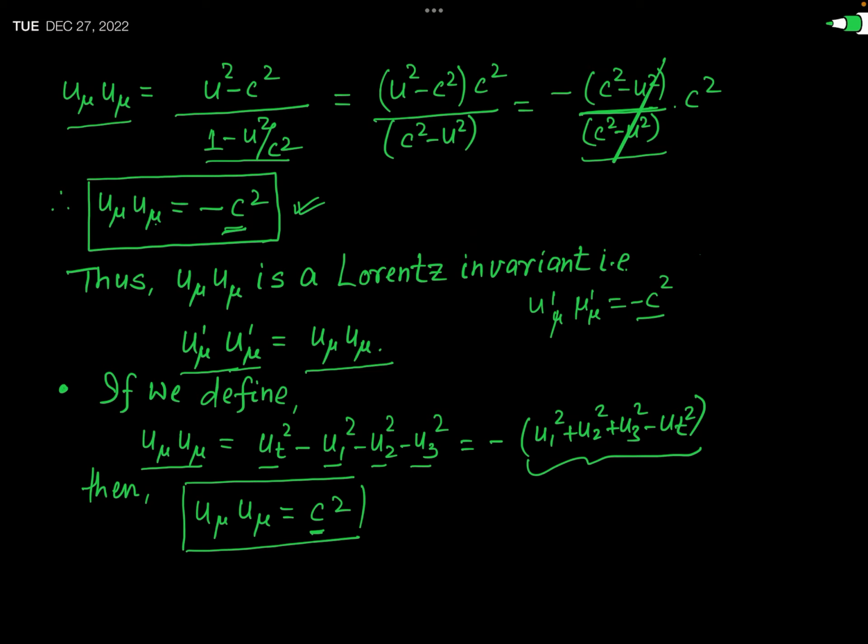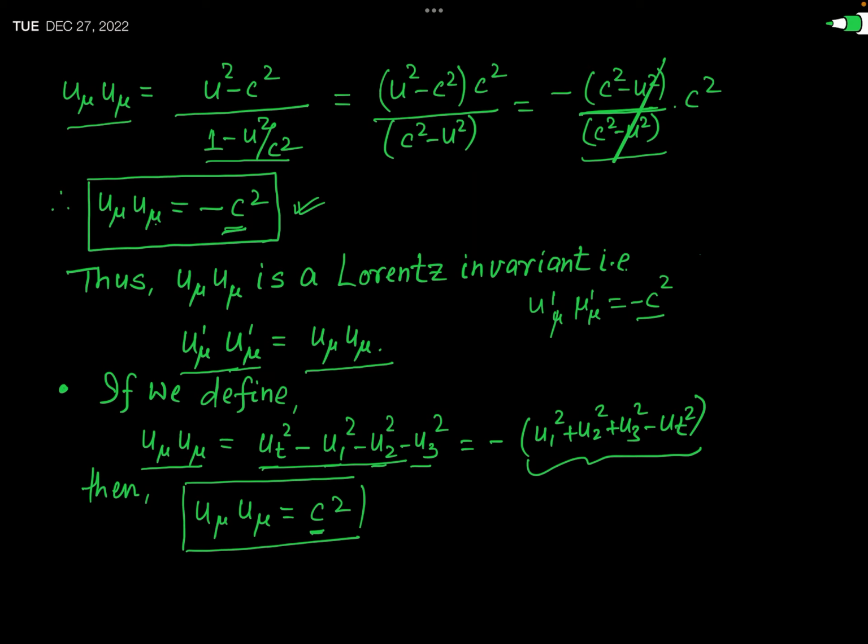So normally we say that the product of u mu and u mu, that is the square of the modulus of the four velocity vector, is equal to minus c square. But when we adopt the other convention, then we can write that u mu times u mu is equal to c square. Now, as in the theory of relativity this constant c always comes in our expressions, there is a tradition that we simply take the value of c equal to 1. This is for simplicity.